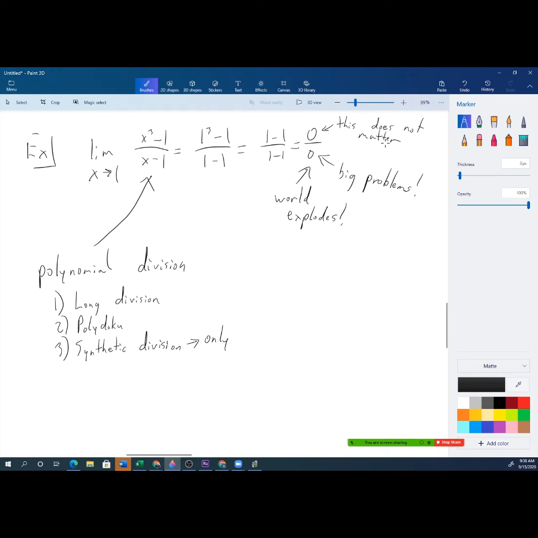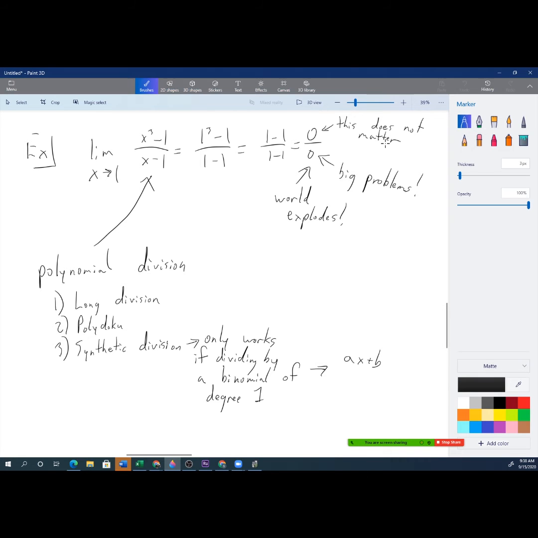This one only works if dividing by a binomial of degree 1, which is a fancy way of saying you're dividing by ax plus b. If you have an x squared, it won't work. If you have a full trinomial like ax squared plus bx plus c, it won't work. The other methods will always work.